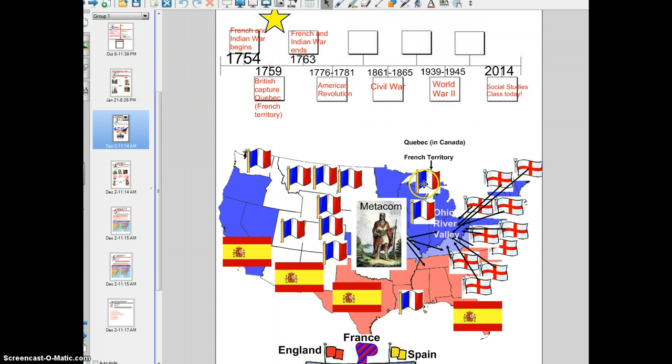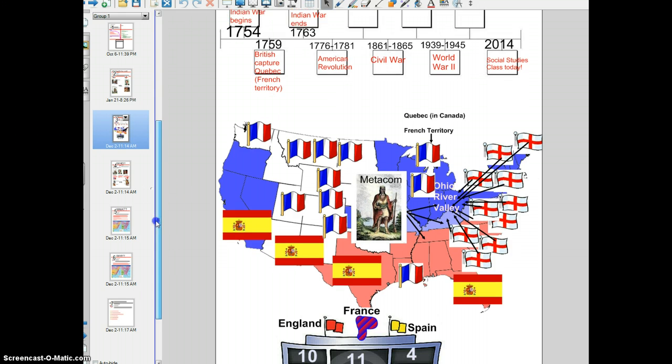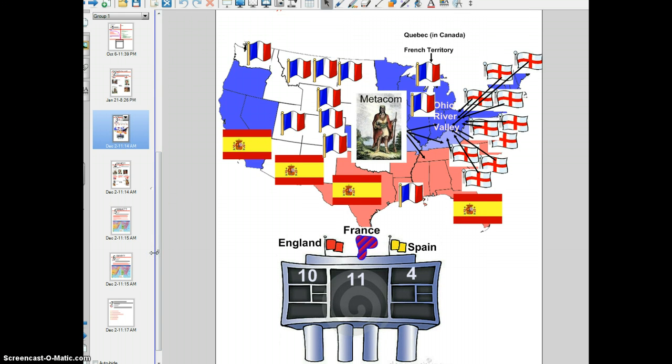Let's start by looking at a scoreboard here of who has colonized what place or places in America. As you can see, England has roughly 10 colonies or areas around this time.